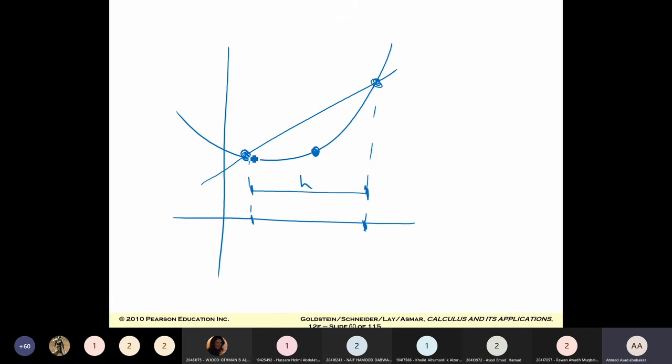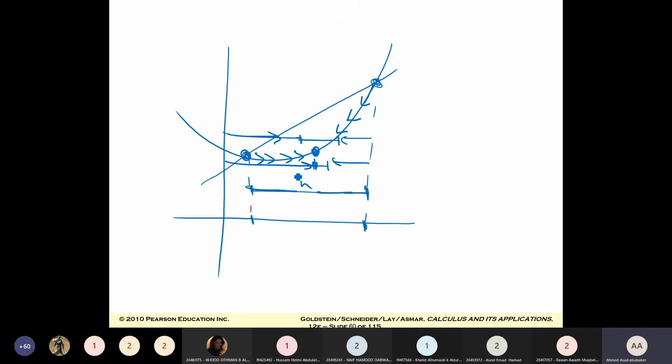If we have 2 points close to our point, so the h is close to 0, the distance between the 2 points is close to 0. Okay, the distance equals h.